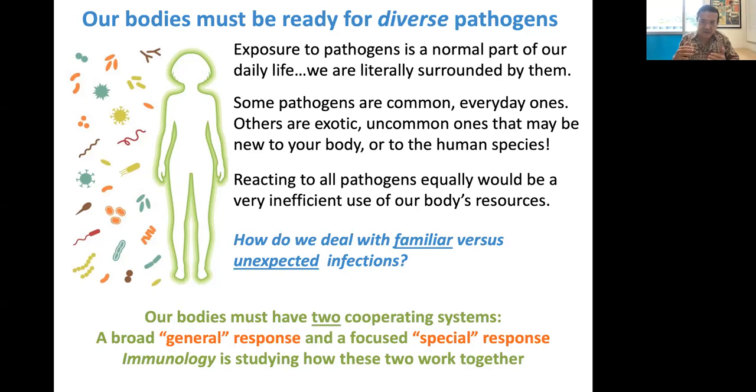If our immune system simply said, well, we'll deal with everything equally, you play it safe, you just have major, super powerful immune reactions to everything, and that will take care of everything, that obviously wouldn't work well because that'd be a very inefficient use of our body's resources. It's one thing if you have a rare virus that infects you and your body has to mount a very strong defense to save your life against that.